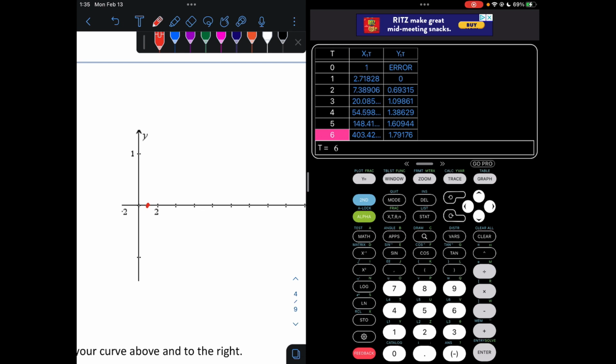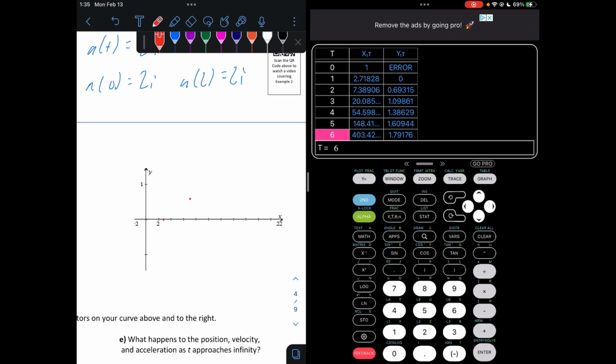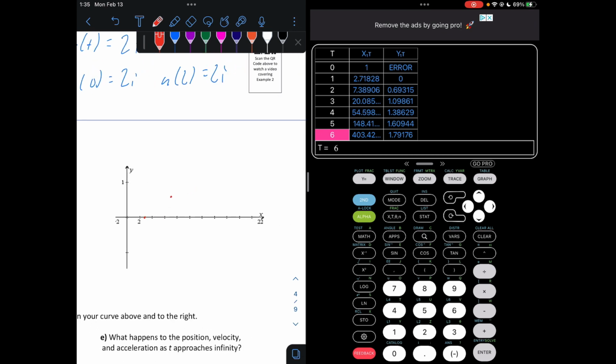I kind of screwed that one up there, sorry about that. At t equals 2, 7 comma 0.6, somewhere around there. At t equals 3, we're at 20 comma 1.09, so we're right about there. So our graph should look something like this. Direction of travel going this way.